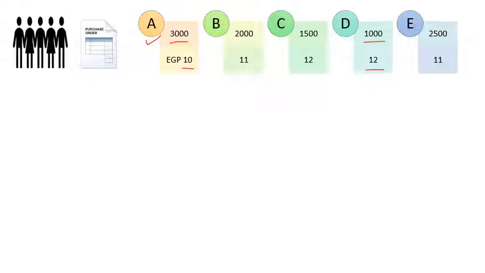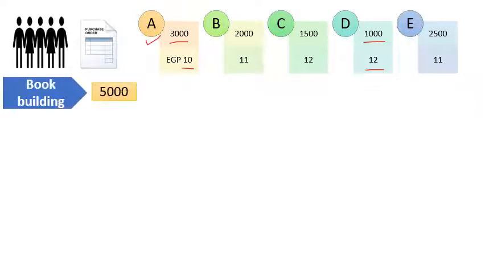Okay, suppose that the investment bank wants to price the final offering price for each stock using the book building mechanism to sell 5,000 shares to five investors.